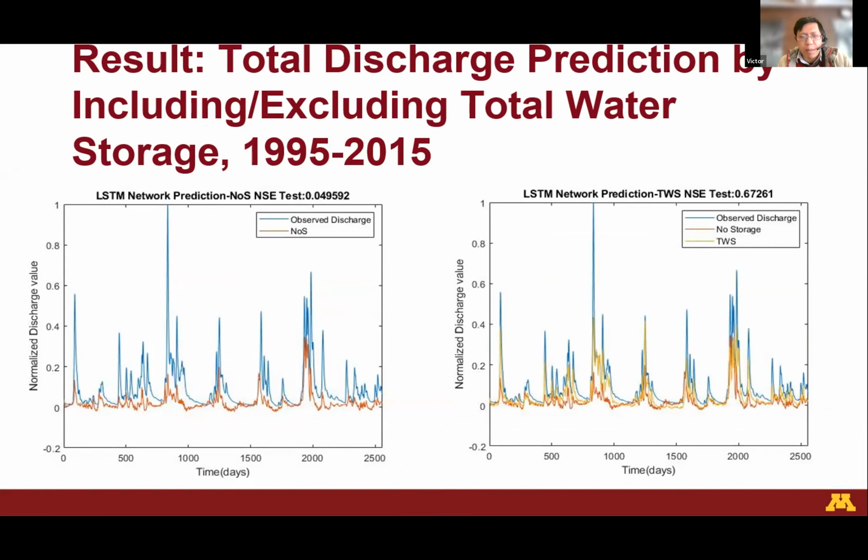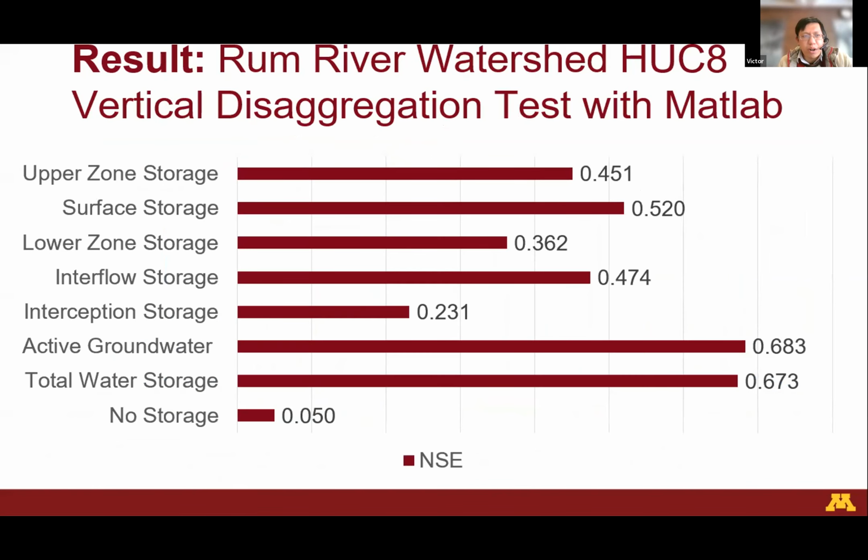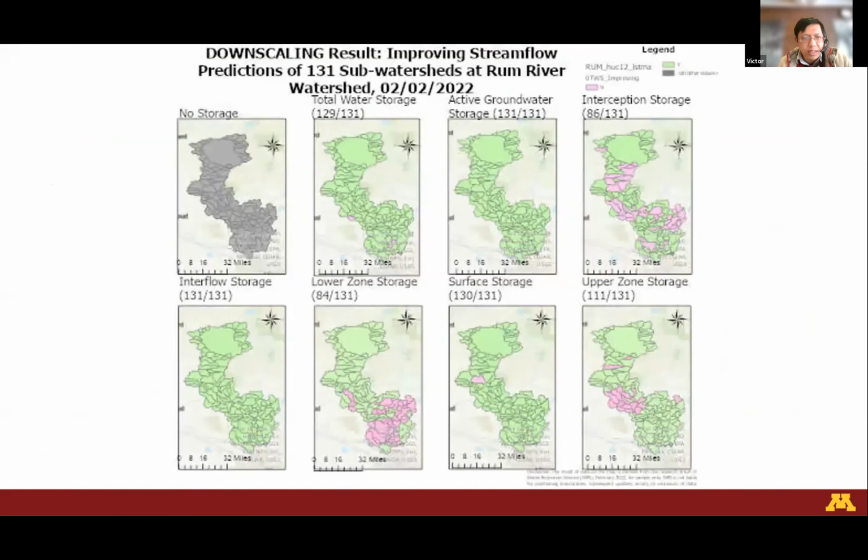And you can see the improvement by including water storage. This bar chart shows the improvement of the simulation by including water storage. By including total water storage, it can improve, but by including active groundwater storage, it can improve the best.